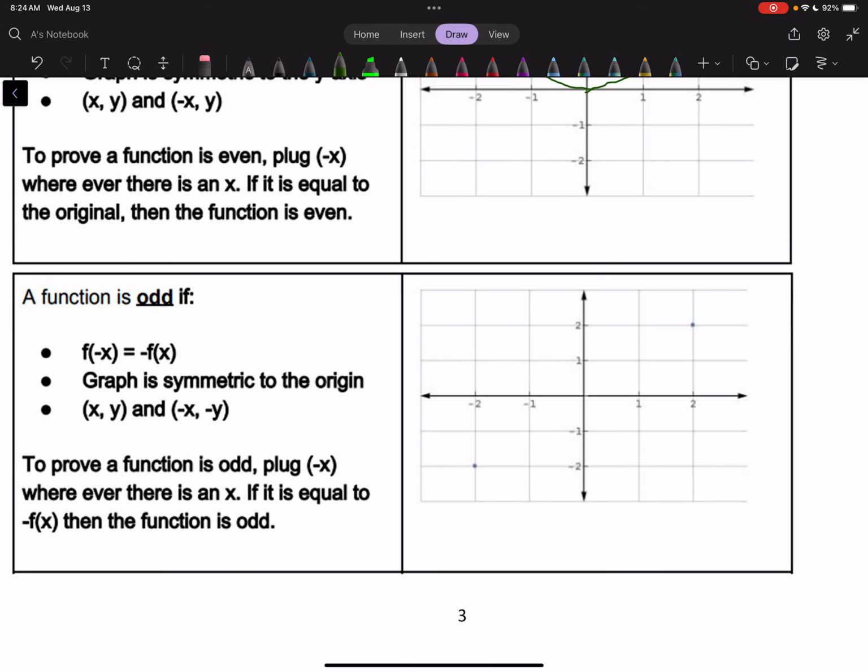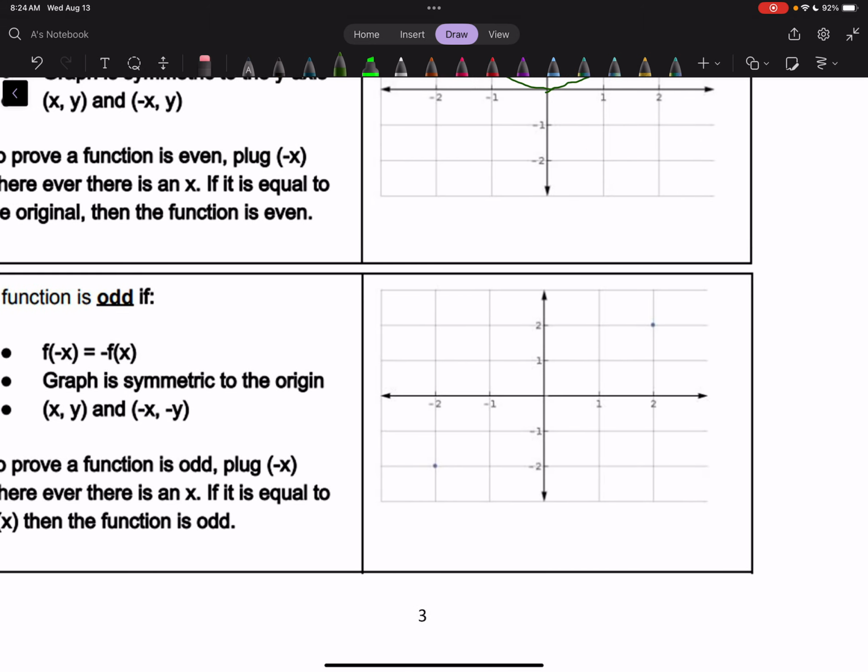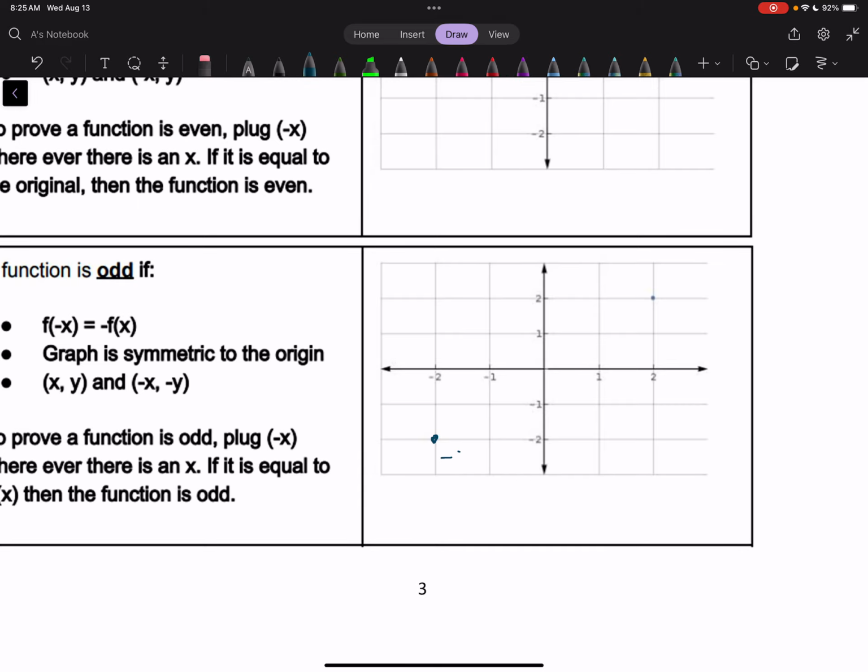An odd function is symmetric to the origin, which means I'm going to flip the signs of both x and y. So if this point is -2, -2, well, that's the point it gives you. I don't really like that though, so I'm going to change it. Let's use -1 and -0.5.